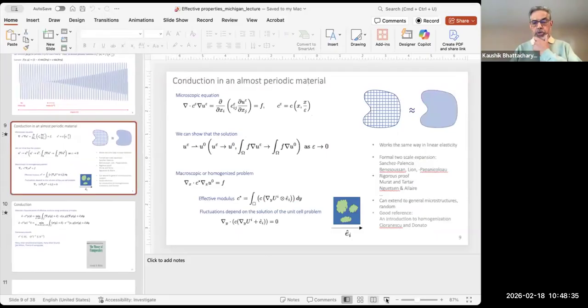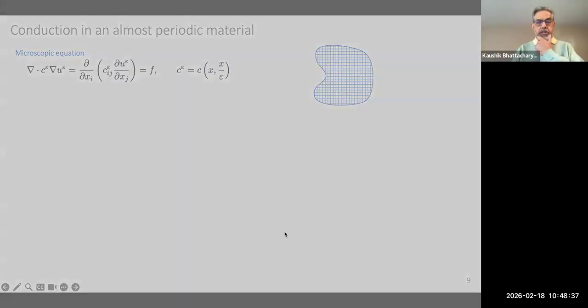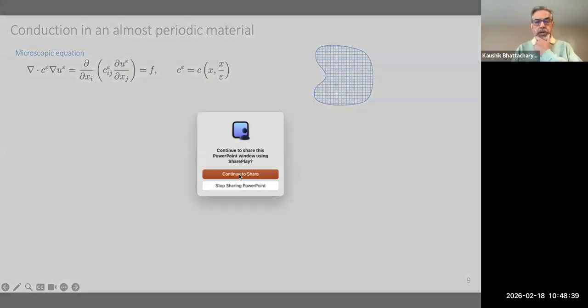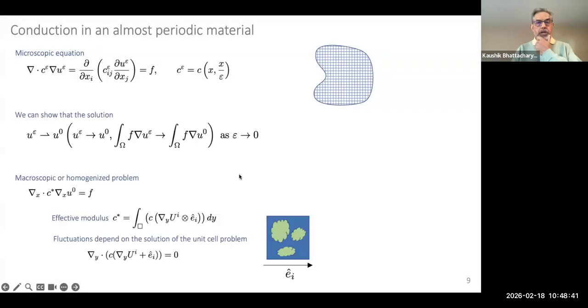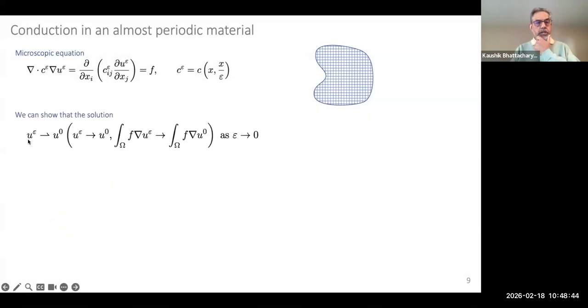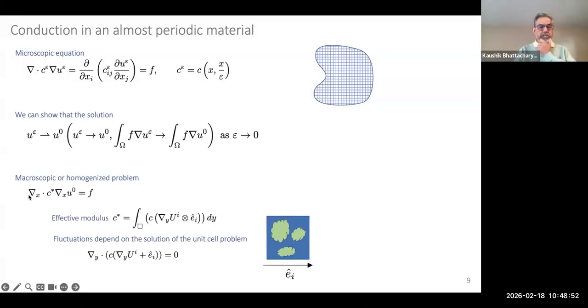So what you can show is that the solution to this equation converges to the solution of the following problem. So you basically replace the C epsilon with some C star, and then you solve this problem.